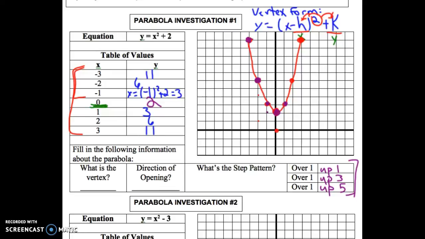So the step pattern, that's why I want you to get in the habit of finding the vertex first, and then you can use the step pattern. Always. If you want to use the table method, that's fine, but I'd much rather you get in the habit of finding the vertex and then using the pattern over 1, up 1, over 1, up 3, over 1, up 5.